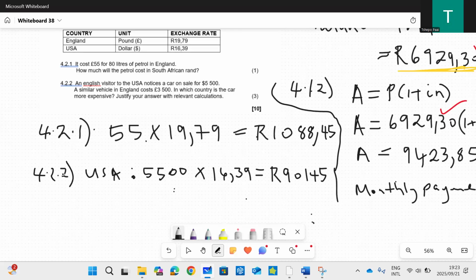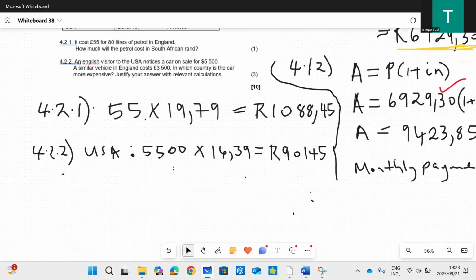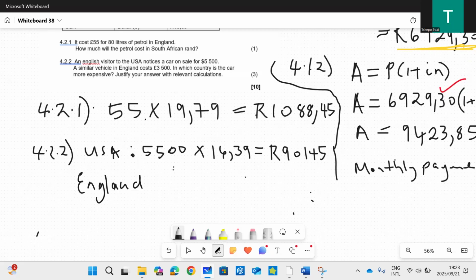Then let's see if you buy it using the England currency. There they are saying in England it costs 3,500. So we must also do the calculation. Now we will say for England, we take that 3,500 multiplied by one pound.